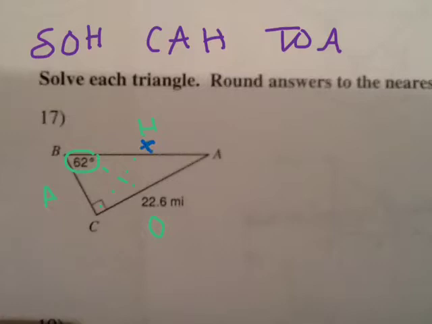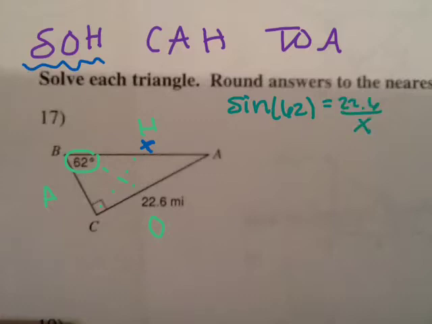Well, if we were given our O, and we're trying to find our hypotenuse, our x, we want to use the one that has an O and the H, that's sine. So we set up our ratio. We're going to do sine of the angle is equal to opposite, which is 22.6, over the hypotenuse. Put it over 1, cross multiply. We get x sine of 62 is equal to 22.6.